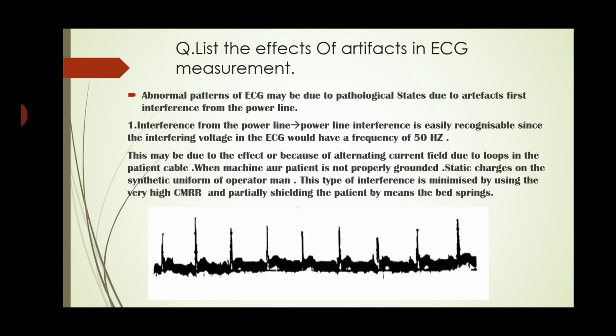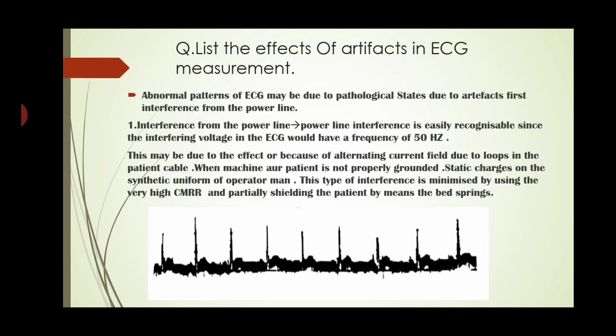Now we'll see the different artifacts in ECG measurements. Abnormal patterns of ECG may be due to pathological states or due to artifacts. First, interference from the power line. Power line interference is easily recognizable since the interfering voltage in the ECG would have a frequency of 50 Hz.